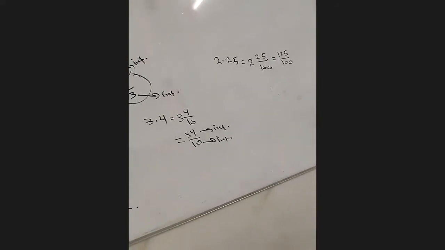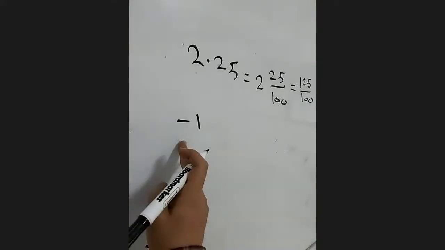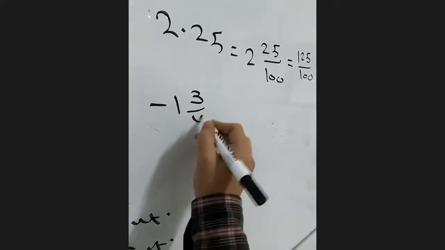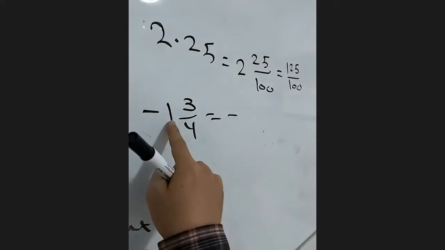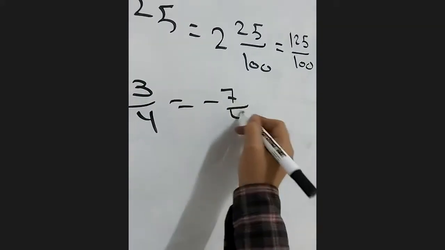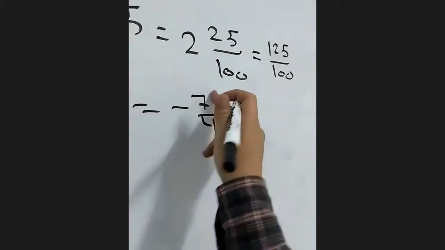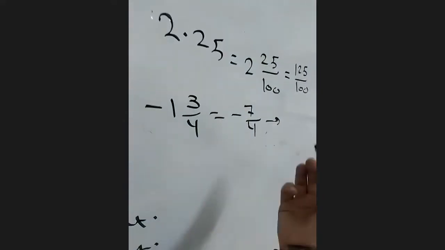Negative 1 and 3 over 4, a mixed number. It is negative 4 times 1 plus 3, so 7 over 4, right? So this is also an integer over an integer, and the bottom is not 0. So this number is also a rational number.